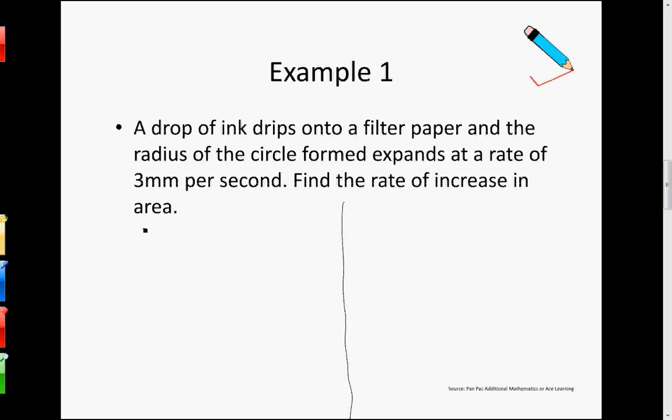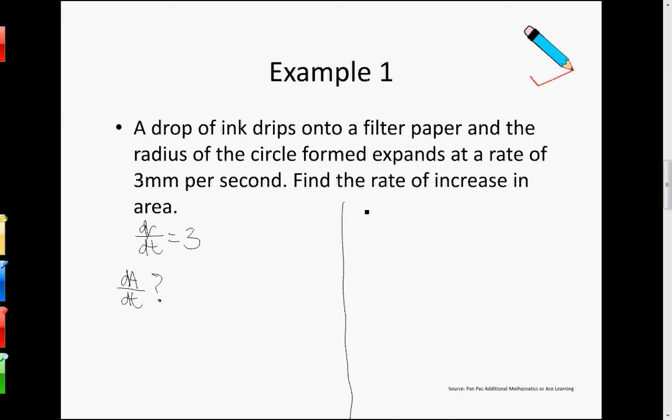The radius is changing, so dr/dt is actually 3. By right I have to write millimeters per second, but let's just assume it's a purely mathematical problem, so I'll just write 3. What I want to find is dA/dt.